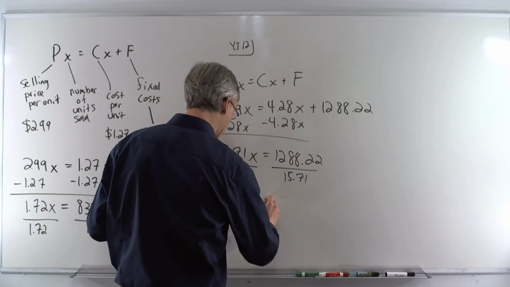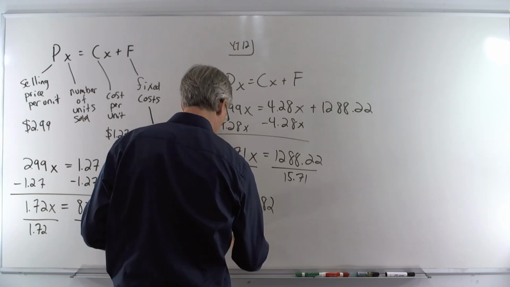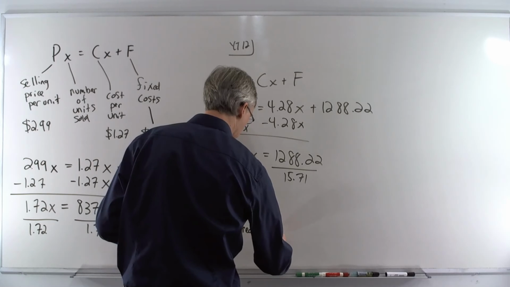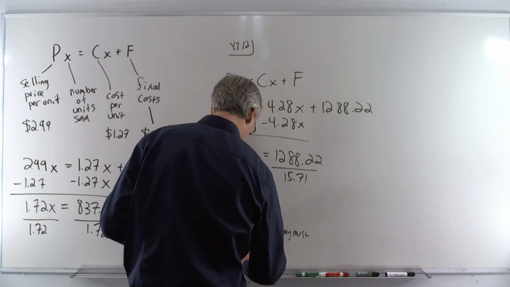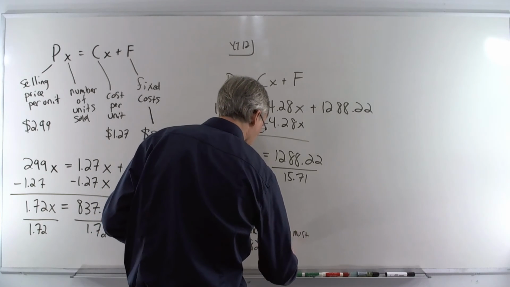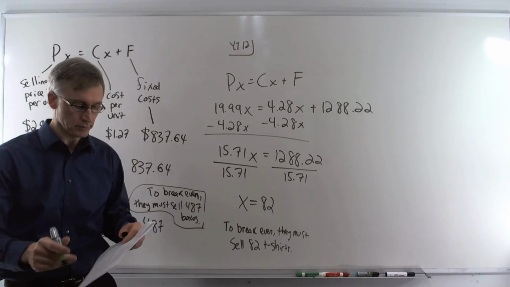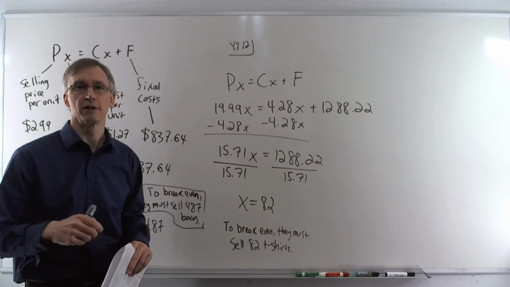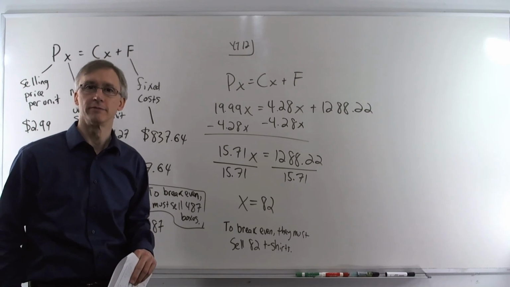Dividing it out, we get x equals 82. So to break even, they must sell 82 t-shirts. If they sell fewer than 82 t-shirts, they're going to lose money. If they sell more than 82 t-shirts, then they'll make money. And at 82, they exactly break even.